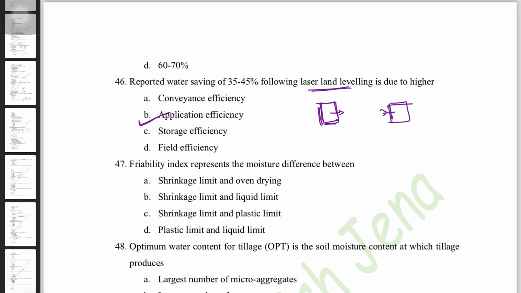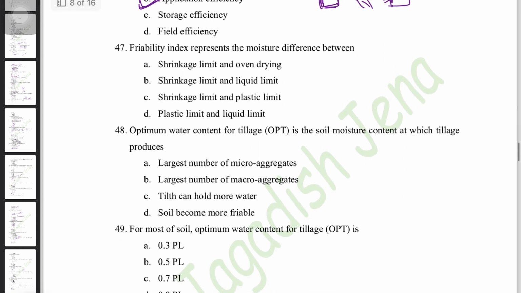How much water is released and how much water is entering this field, that is called conveyance efficiency, and losses during this are called conveyance losses. Then inside the plot, how much water is reaching the root zone and how much water is entering, that is application efficiency. That is actually increasing here in case of laser land leveling, because you are micro leveling the field.